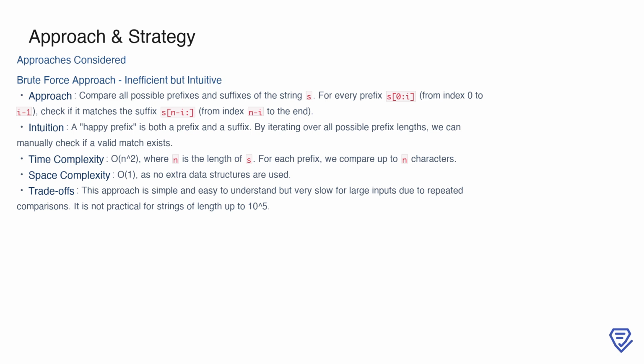While this method is intuitive and straightforward, it involves comparing substrings repeatedly, leading to a time complexity of O(n squared). This quadratic runtime is a significant drawback, especially when the input string is very large. On the positive side, this method requires no additional memory since we're not using extra data structures. However, due to its inefficiency, it's not feasible for strings of length up to 100,000, which makes it impractical for competitive programming or large-scale applications.